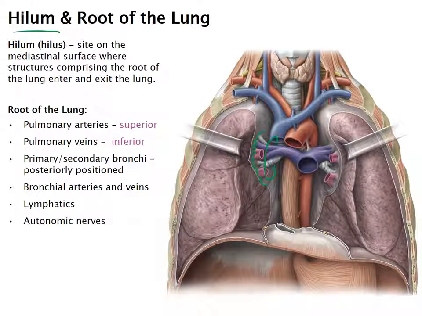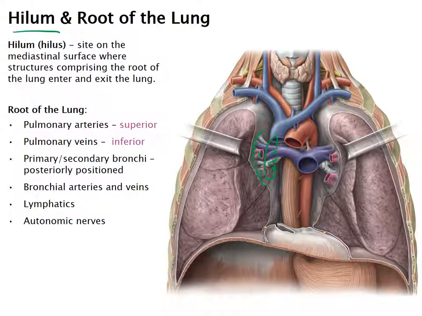Therefore, the contents of the root of the lung itself will be comprised of the pulmonary arteries, as shown here by the X, pulmonary veins, as shown here, as well as primary and secondary bronchi, which you can see just behind the pulmonary arteries.